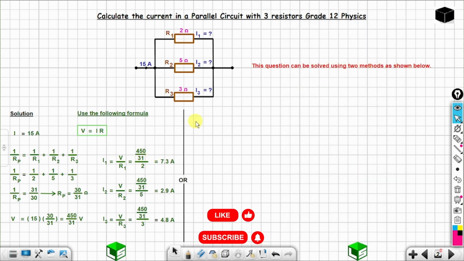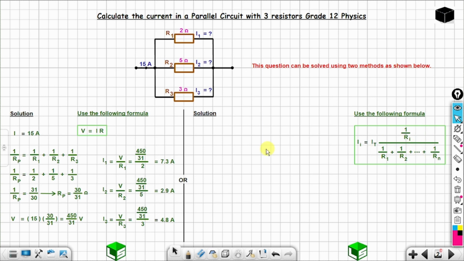Let's see another method. You are going to use the following formula to find I1. Can you see? This is the way we add resistors in parallel.